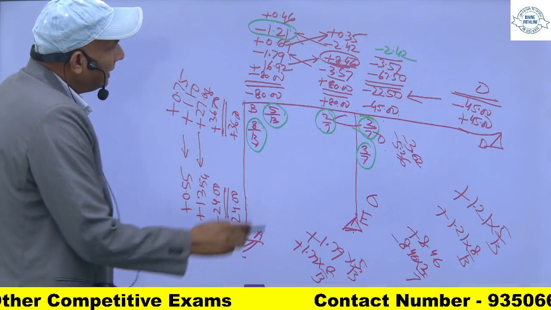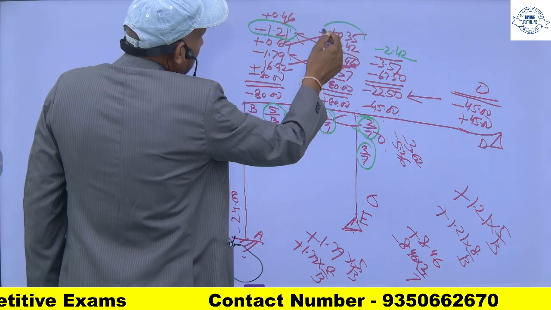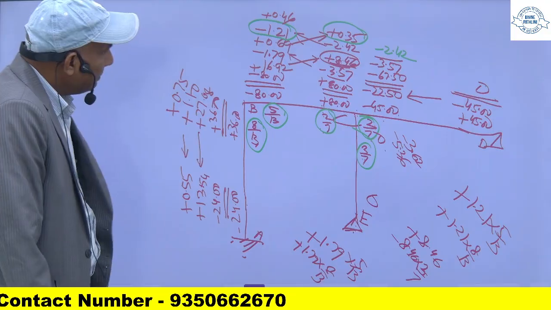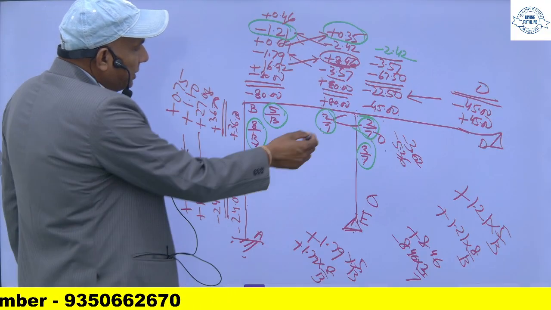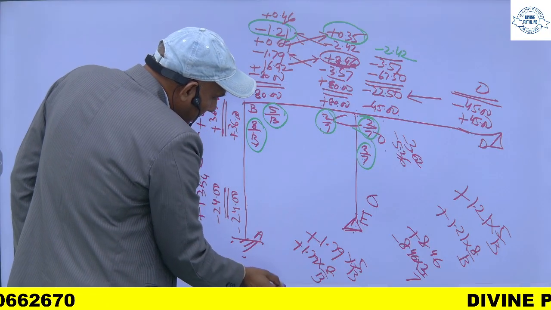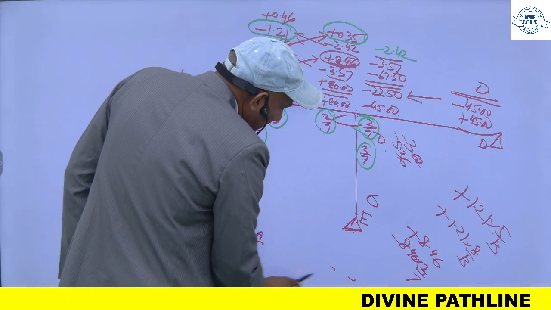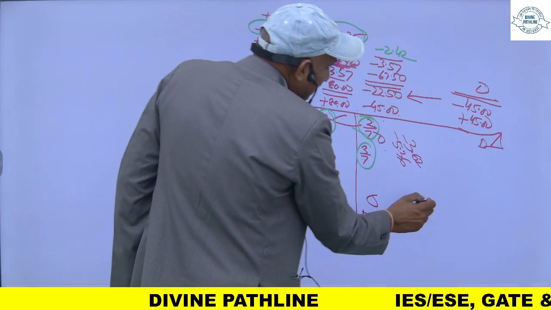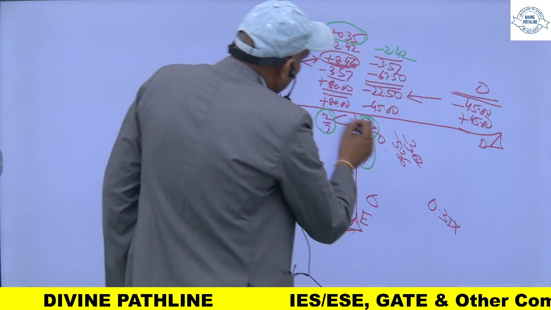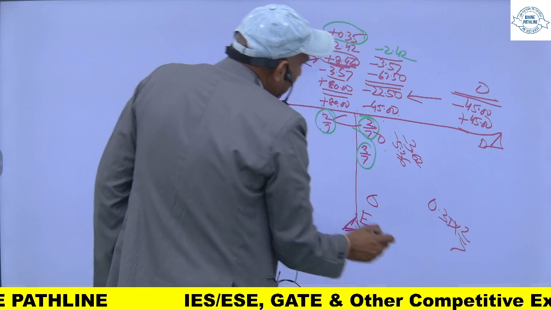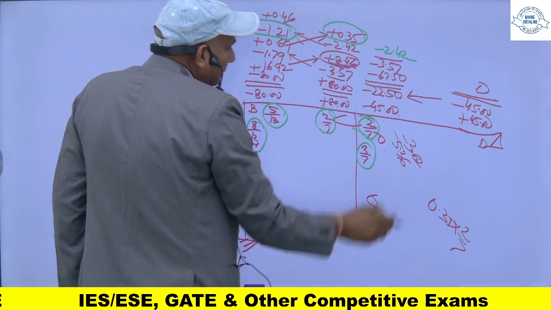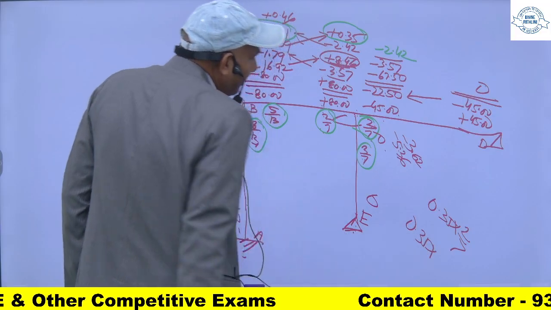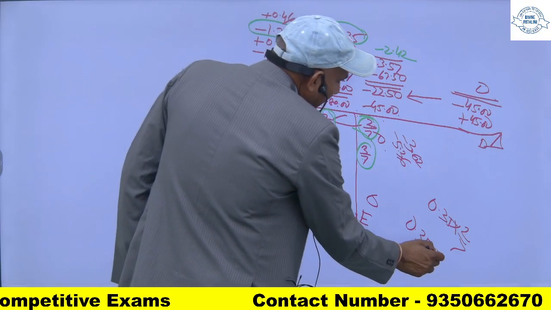Similarly, this moment plus 0.35 is unbalanced at this point. So this plus 0.35 will be distributed according to these members: it will be plus 0.35 into 2/7, and this also the same 2/7, and for this member I will multiply it by 3/7.